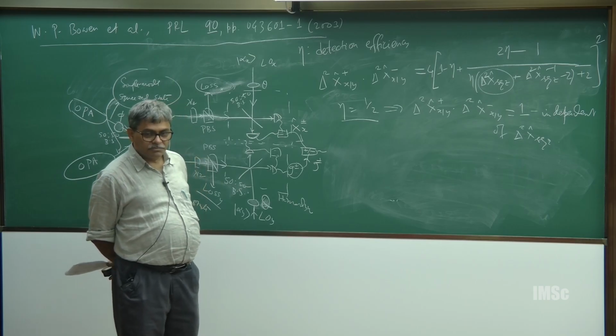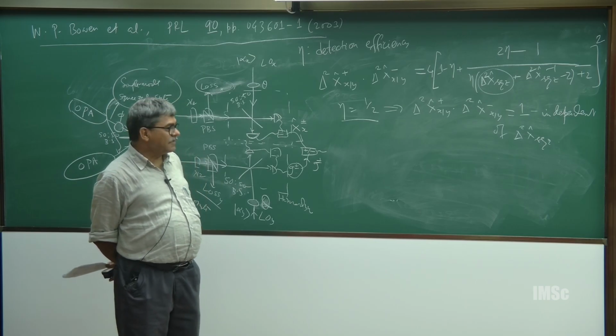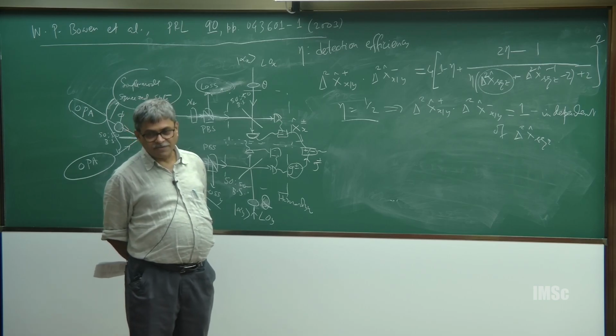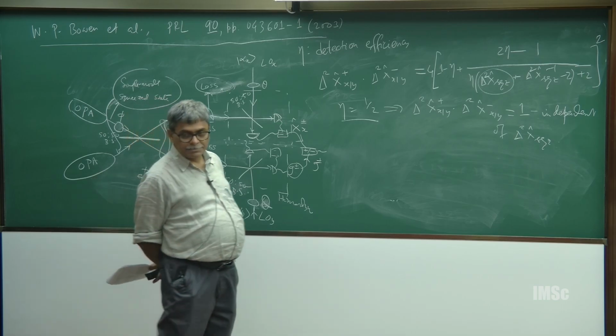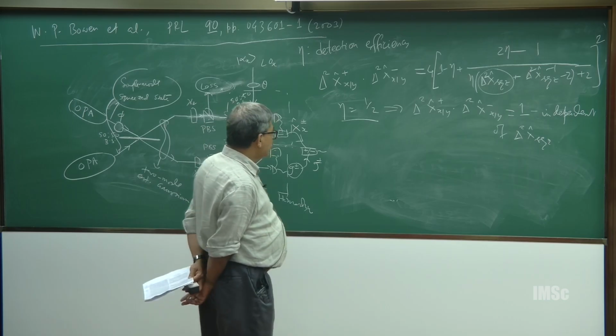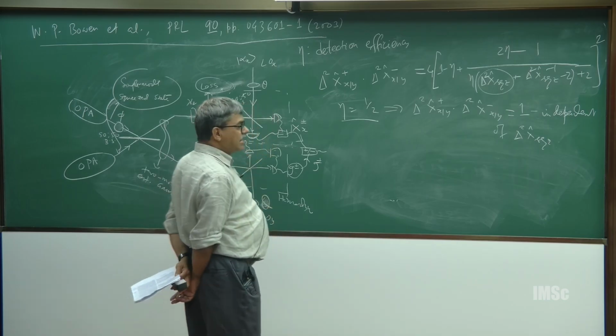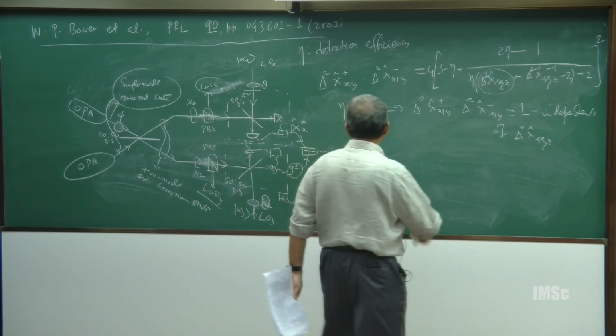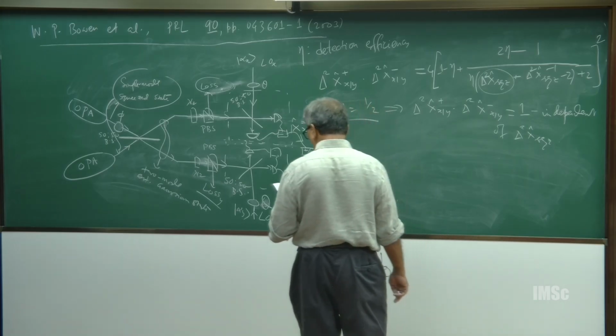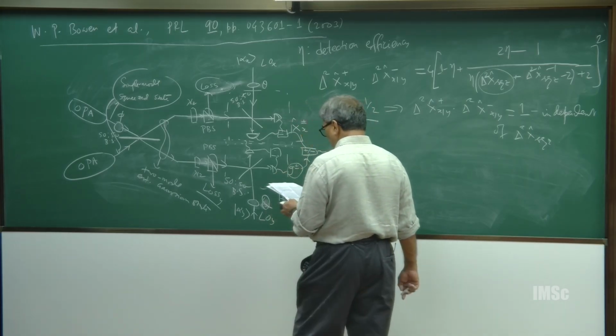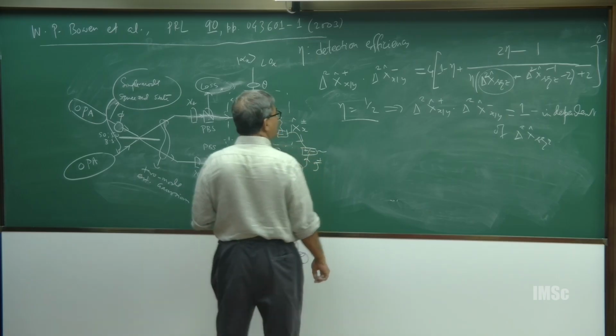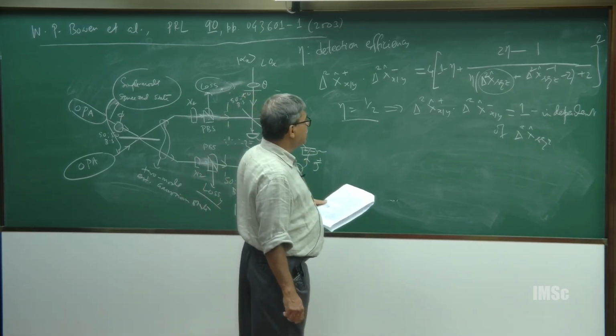It is sufficient, but if it does not satisfy, we can't say anything. Initially one can check when this eta, maybe they have also done it, what happens if eta is equal to 1?